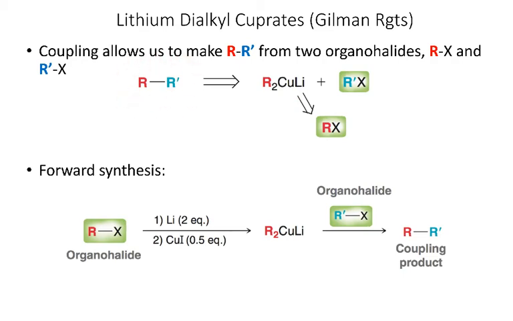And so the way this synthesis would look, first we need to make the Gilman's reagent, and so I can do that with 2 equivalents of lithium, and then hit it with copper(I) iodide, and that will produce the Gilman's reagent with the first R group. Then if I take the second alkyl halide, I can react it with the Gilman's reagent that I made and produce the coupling product. So this is a very useful reaction for increasing the carbon skeleton.